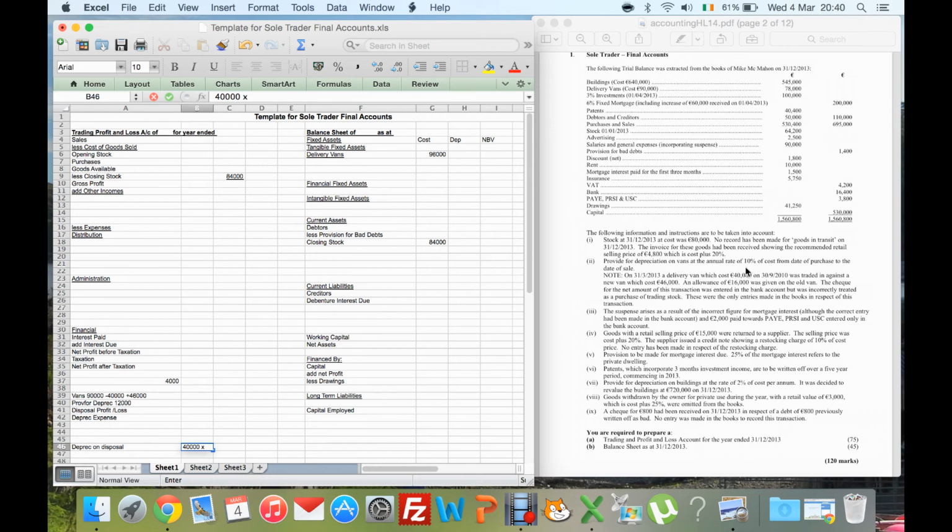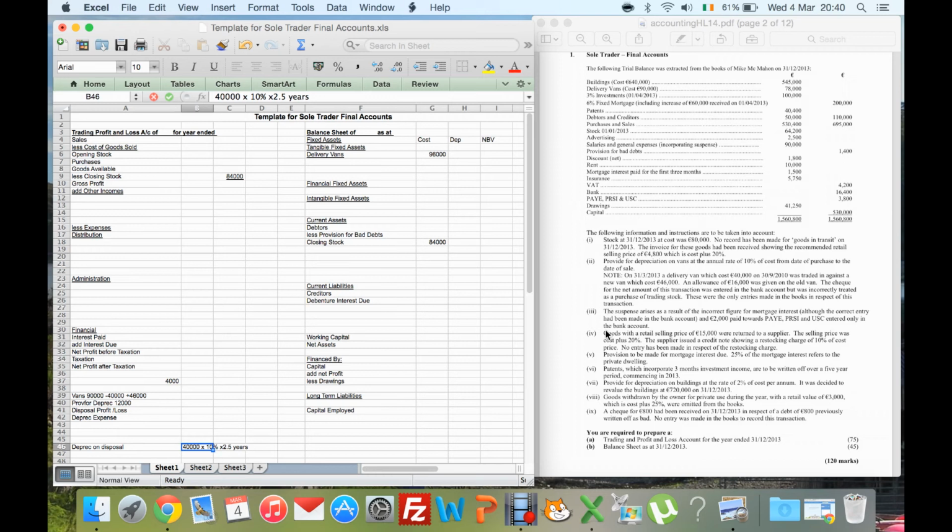It says the annual depreciation is 10%. And then we had it for how many years? It was sold on 31st of the 3rd and we bought it on 31st of 9th 2010. So that means we would have had it for 3 months of 2010, all of 2011, all of 2012, and 3 months of 2013, which is 2.5 years.